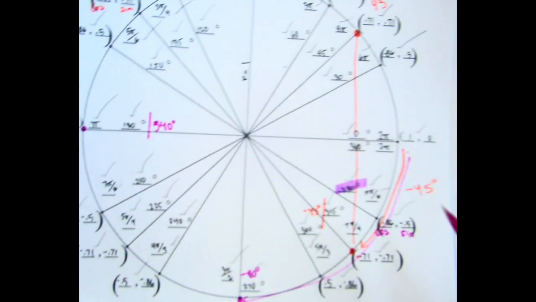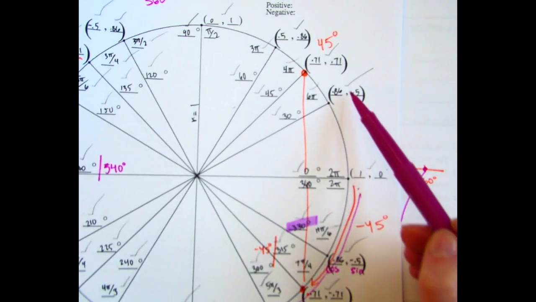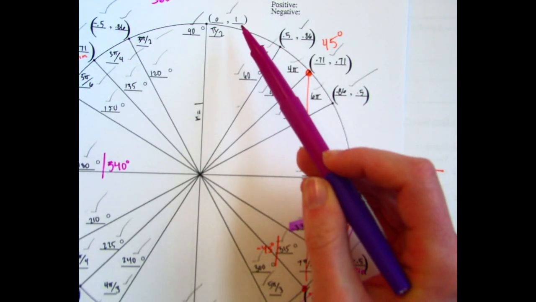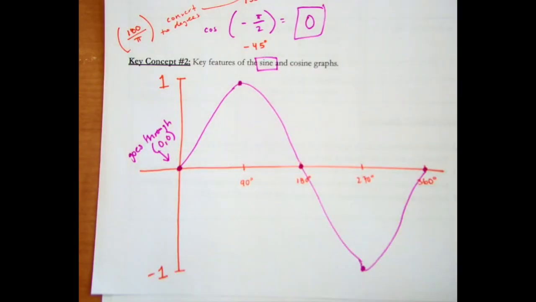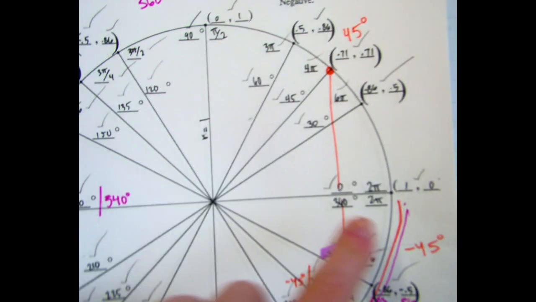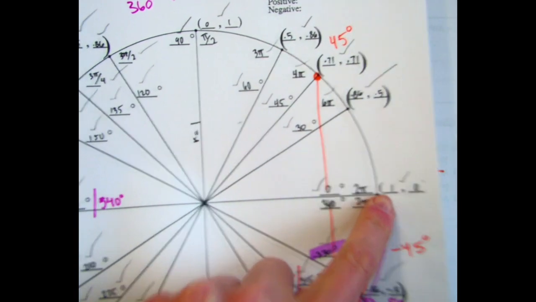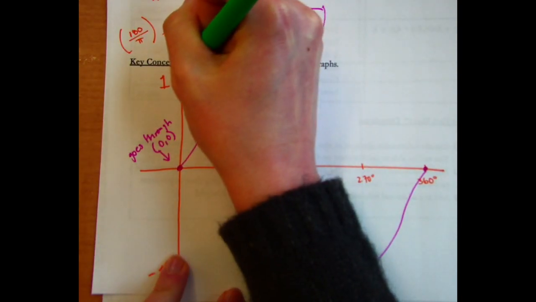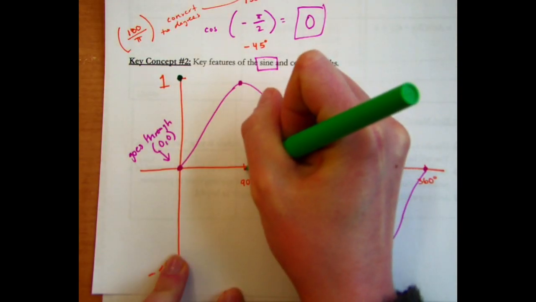Next up is cosine. Cosine, as we can see on the unit circle, starts at the value of 1. At 90 degrees, it goes to 0. At 180, it goes to -1. At 270, back to 0.